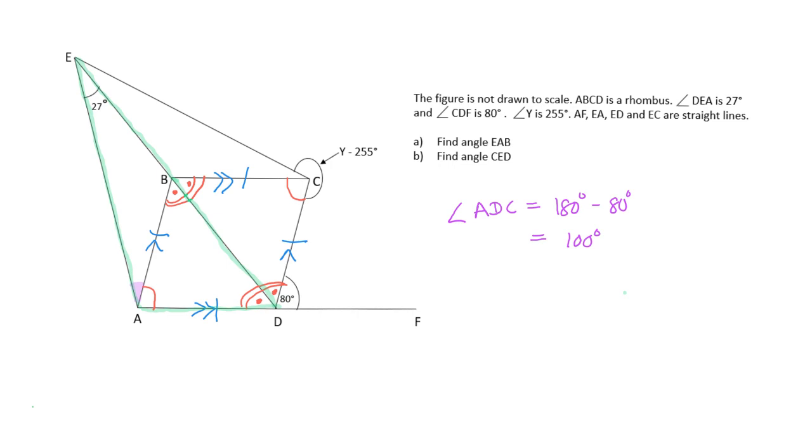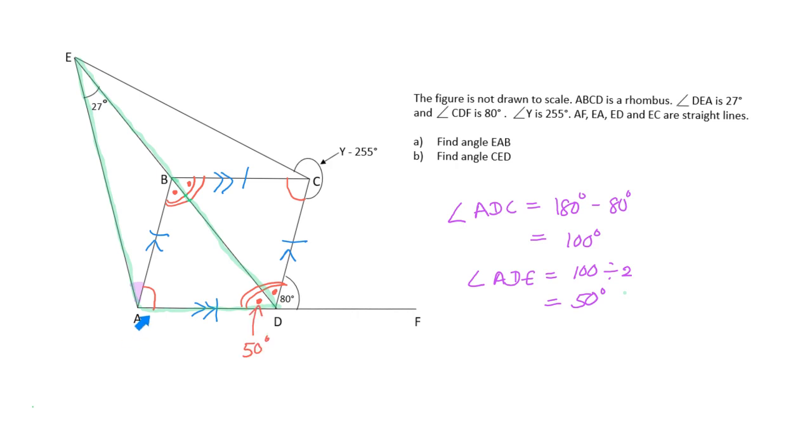And since BD is a line of symmetry, we know that angle ADC is divided into two equal parts. Therefore, angle ADE is equal to 100 divided by 2, which is 50 degrees.